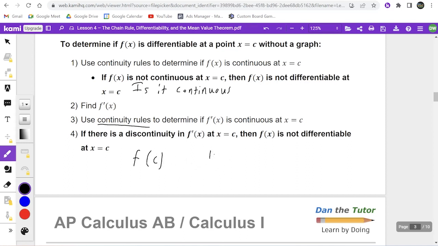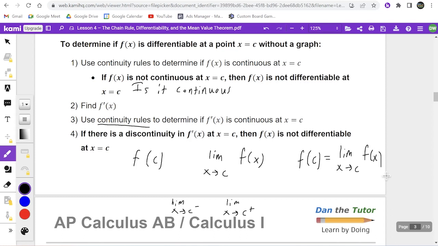The second check is that the limit as x approaches c of f of x has to exist. If you remember, that's where we check both the left and the right hand limit. In other words, the limit as x approaches c from the left and the limit as x approaches c from the right have to equal each other. And then the last check is that your value is equal to your limit.